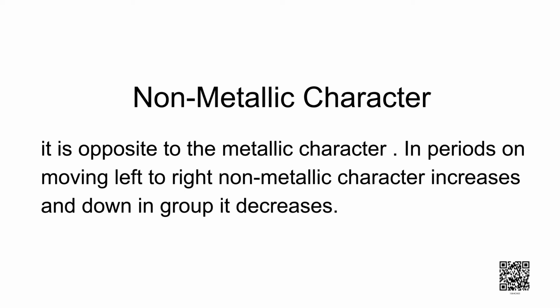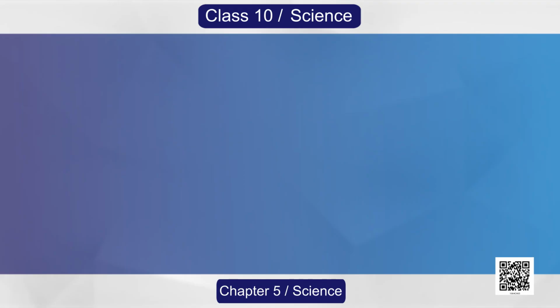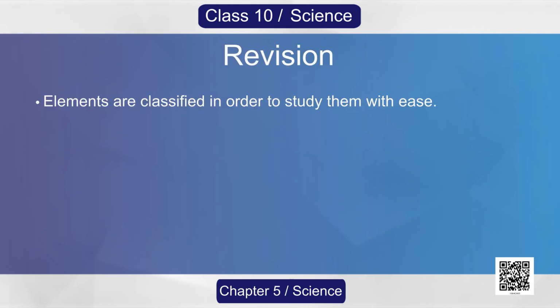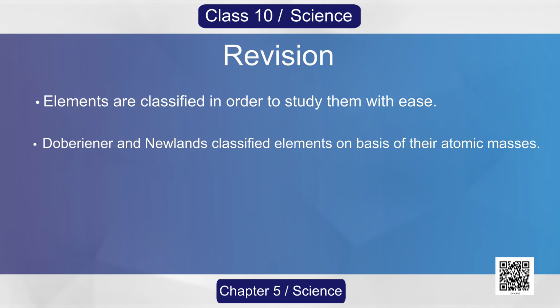So, dear students, let us see what we have discussed in this chapter. Elements are classified in order to study them with ease. Dobereiner and Newlands classified elements on the basis of their atomic masses.